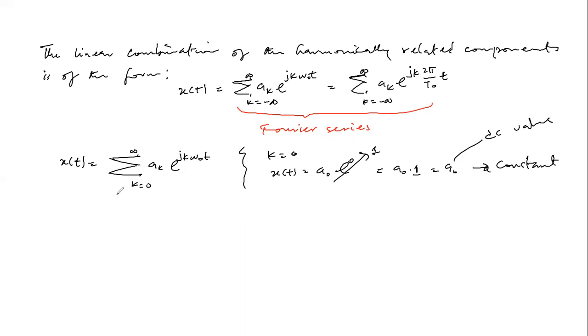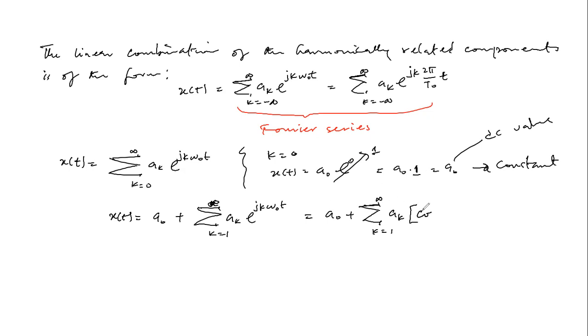Then the Fourier series can now be rewritten as S of t equals a naught plus the summation from k equal to 1 to infinity of a sub k e to the j k omega t. And by expanding the exponential function, which is the sum of sinusoids, this expression is the same as a naught plus the summation from k equal to 1 to infinity of a sub k times cos k omega naught t plus j sine k omega naught t.